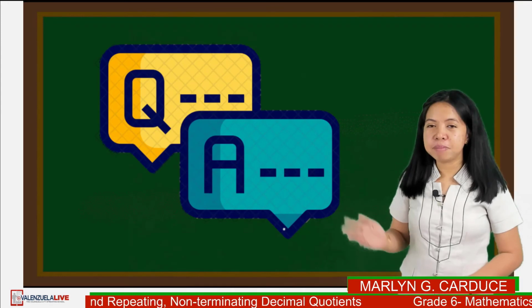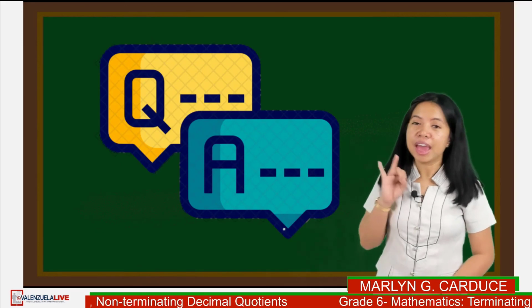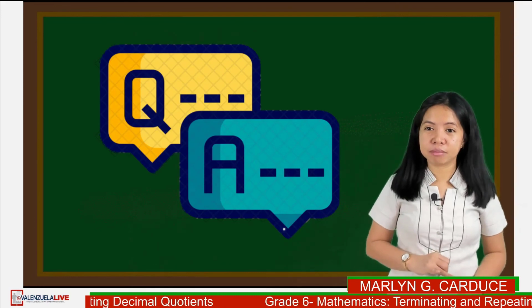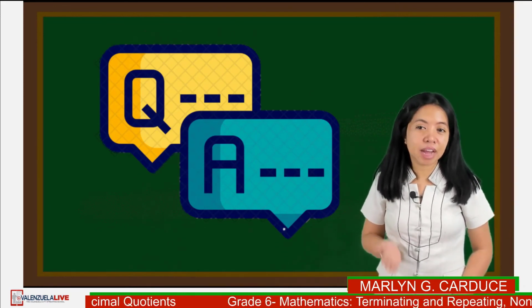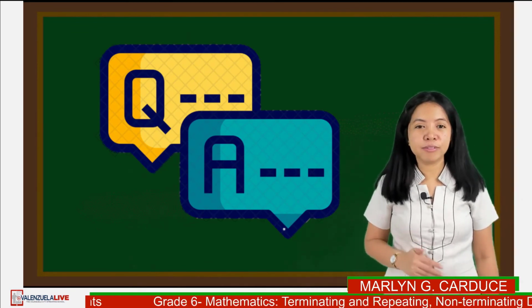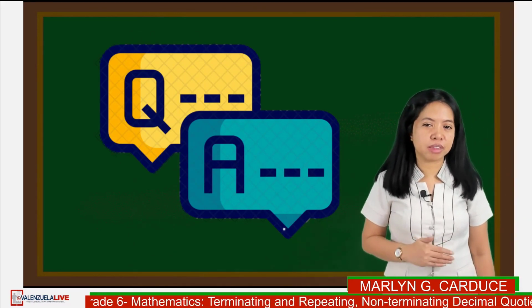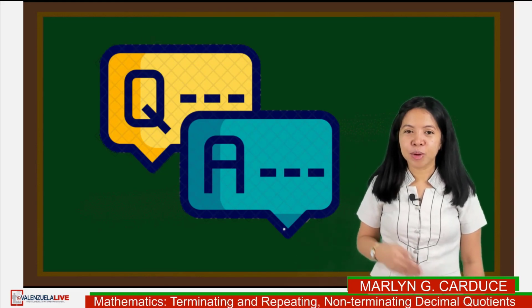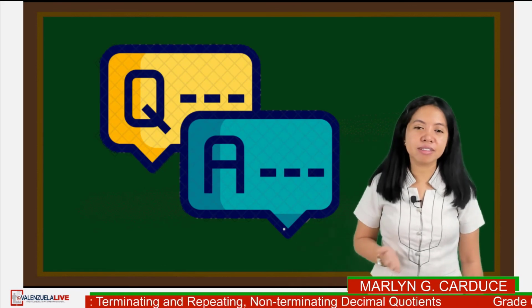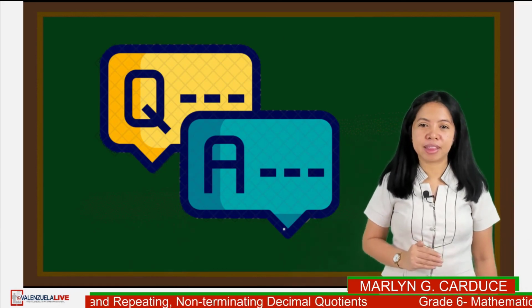Those are repeating non-terminating decimal, which is the first classification, and the second is non-repeating non-terminating decimal. We have already discussed the repeating one earlier, while for non-repeating non-terminating decimal, one example is the value of pi, wherein the digits after the decimal point do not end, and at the same time, have no group of digits repeated.